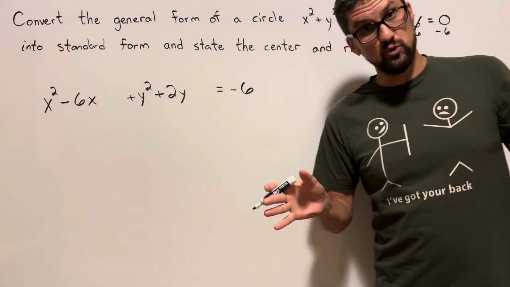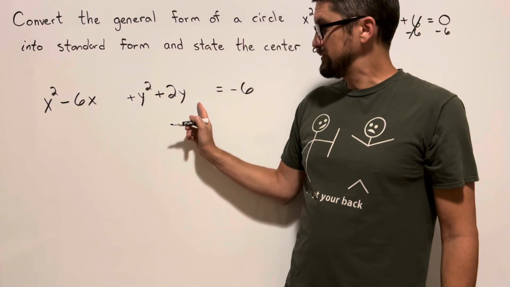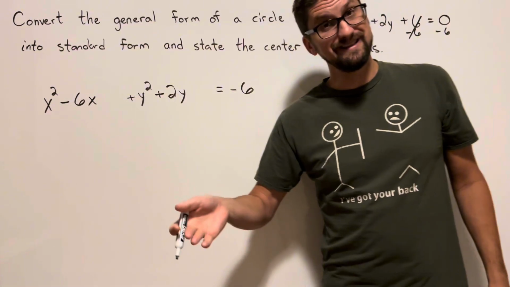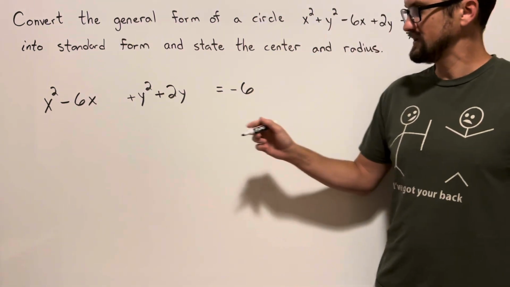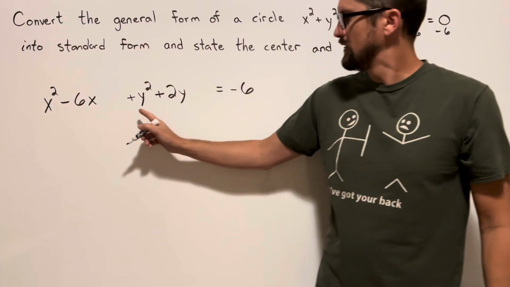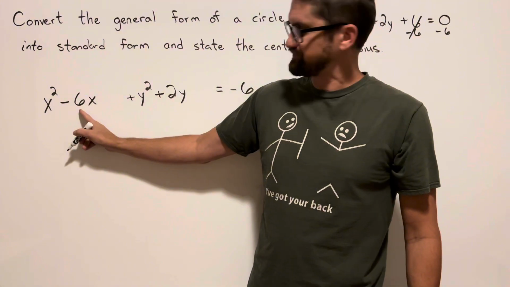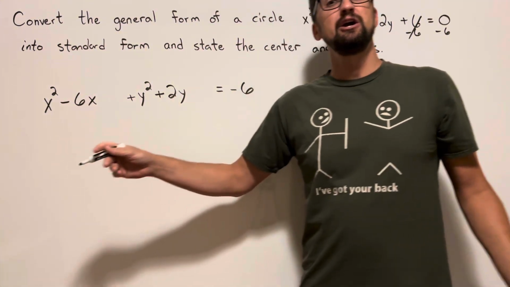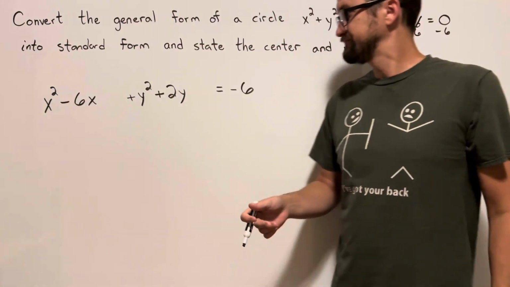Now the reason for doing this is that I'm going to add a number here and add a number here to complete the square. I'm trying to find a binomial squared. To do that, I need to figure out what number I need to add here. For the x's, you're going to take this middle number, 6, take half of it and square it.